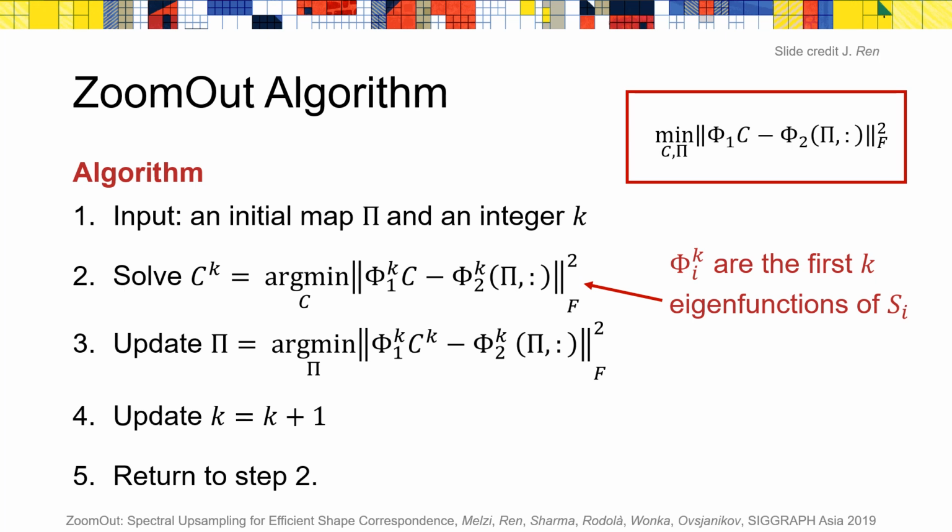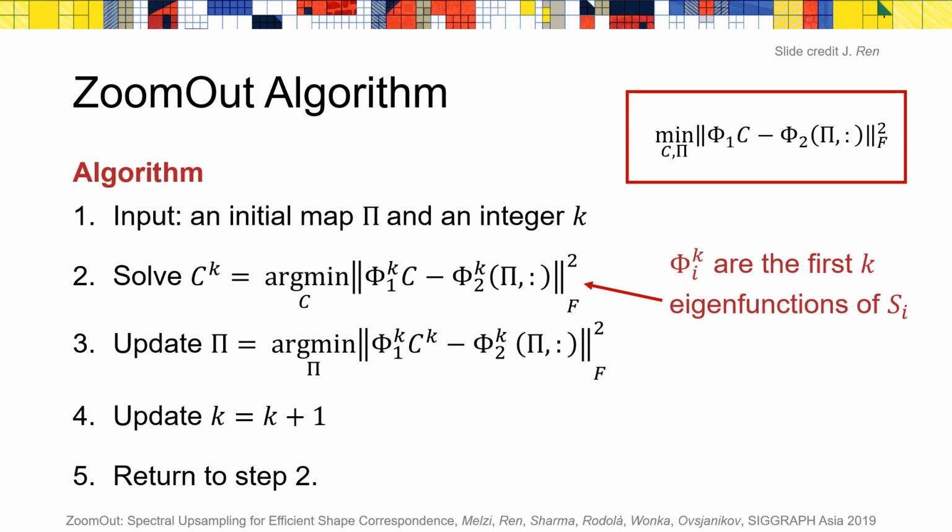And the main difference with respect to ICP is that at each iteration, the functional map is converted into a point-to-point map, and then the point-to-point map is converted back into a functional map. This makes the functional map representation strongly related with the point-to-point map.